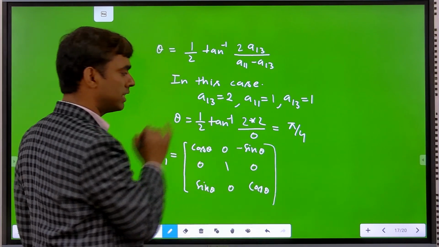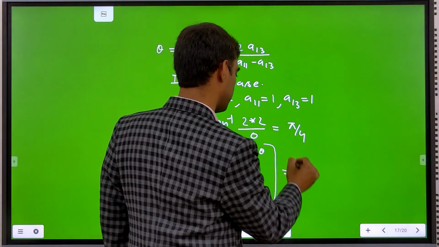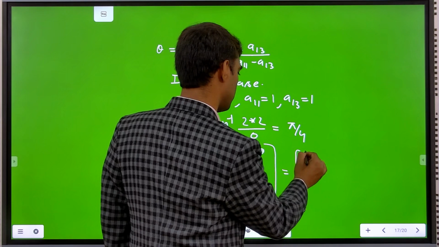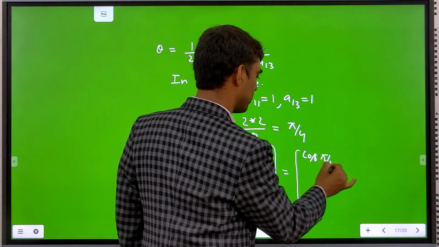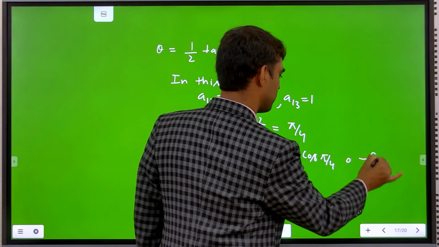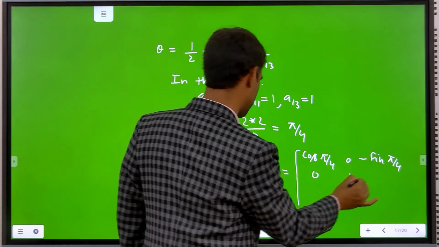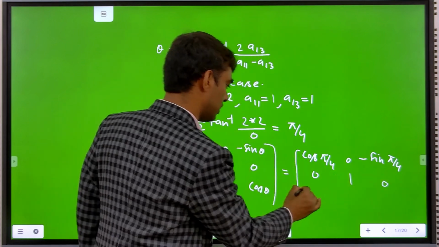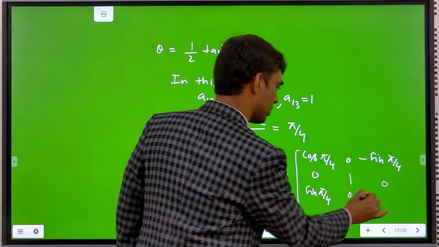And what is the value of theta here? Theta equals pi by 4. So S1 has cos pi by 4, 0, minus sin pi by 4, then 0, 1, 0, and then sin pi by 4, 0, cos pi by 4.